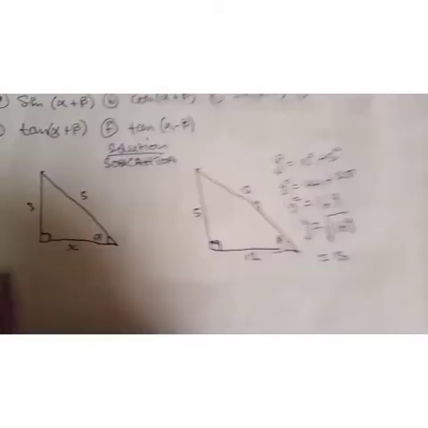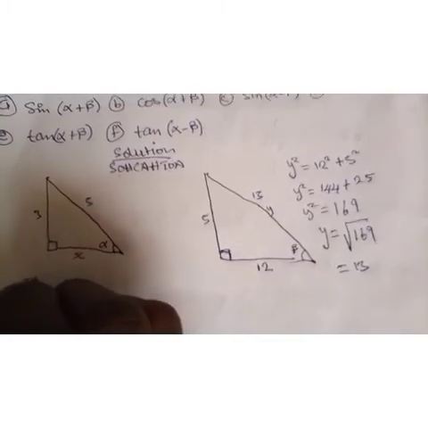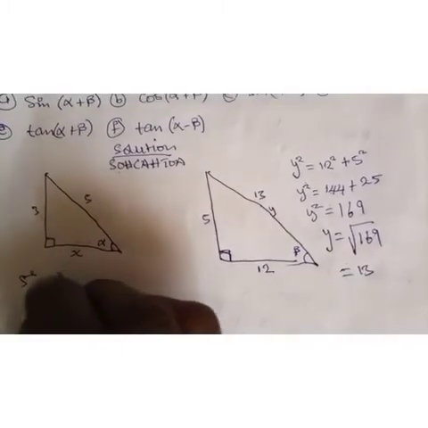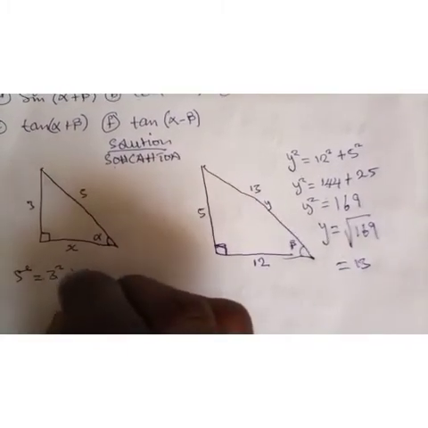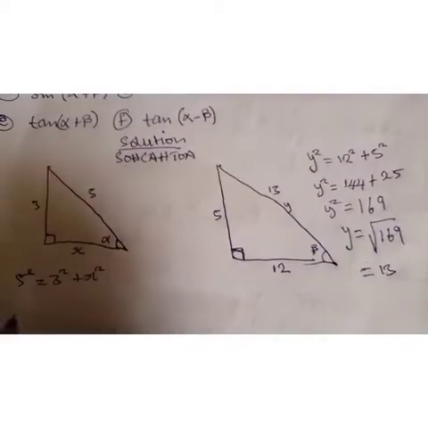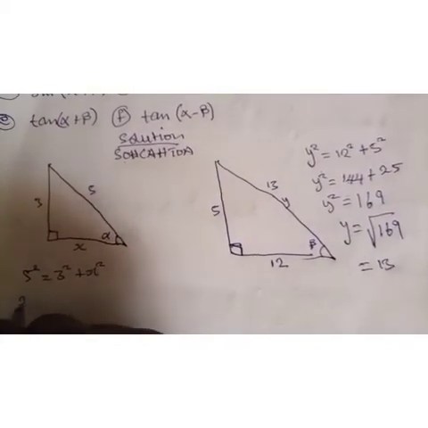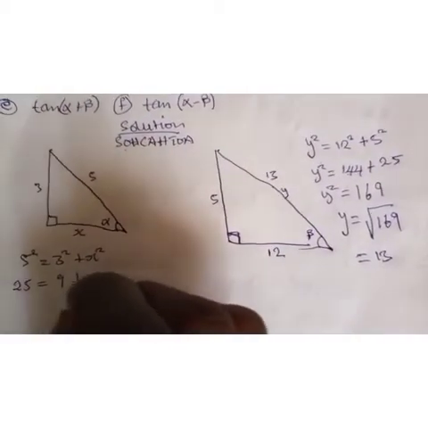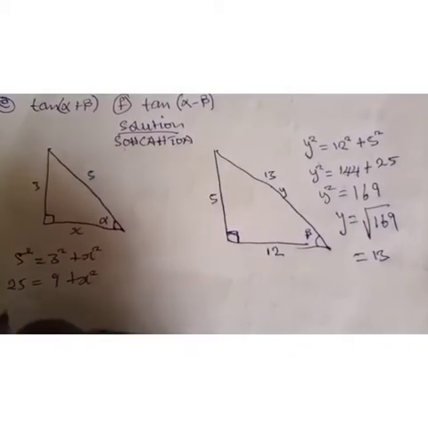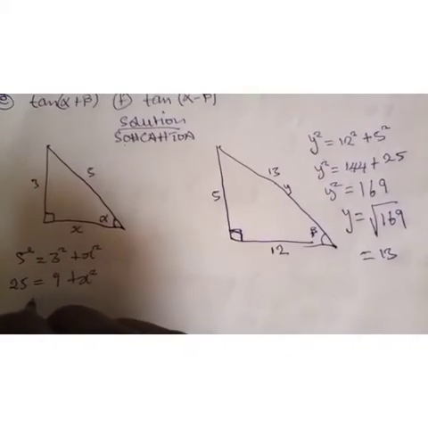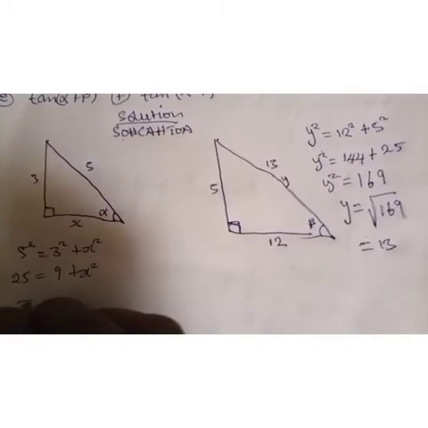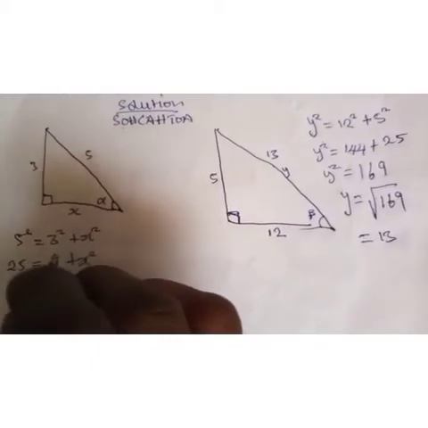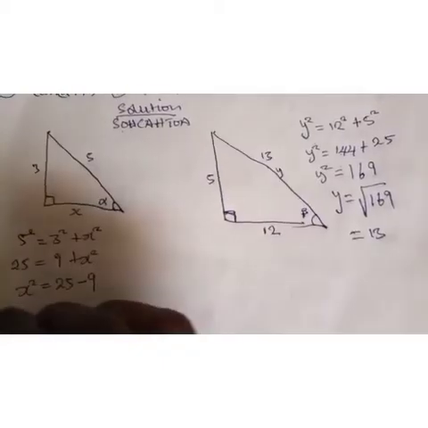Now you are looking for x. Here our 5 squared will be equal to 3 squared plus x squared. 5 squared is 25, equal to 3 squared, which is 9, plus x squared. So when you find this, our x squared is equal to 25 minus 9, the positive 9 moves to this side and changes to minus.